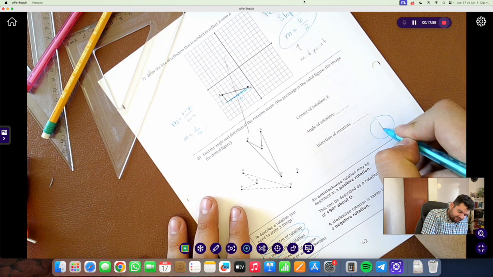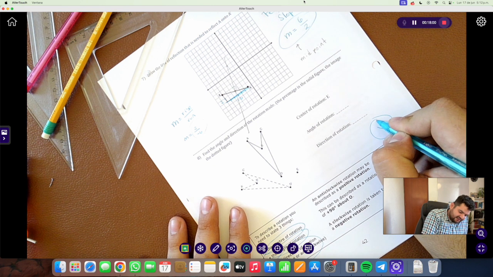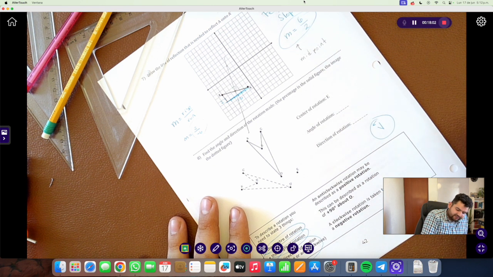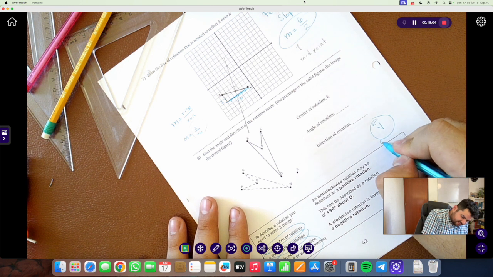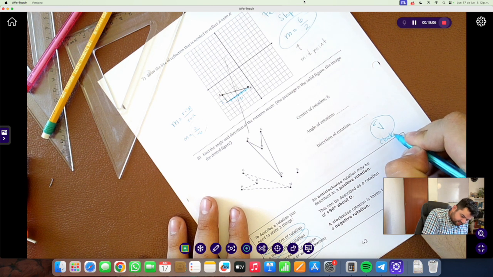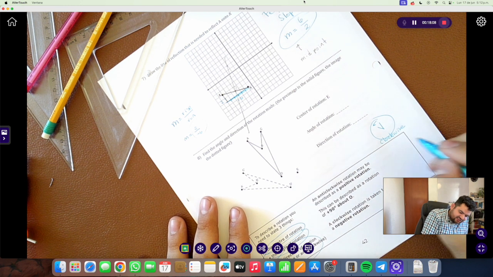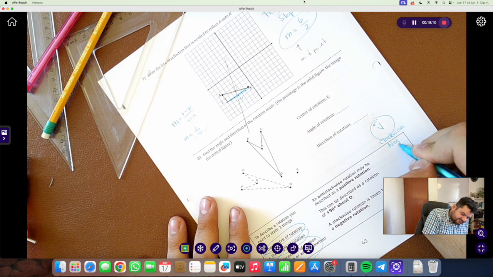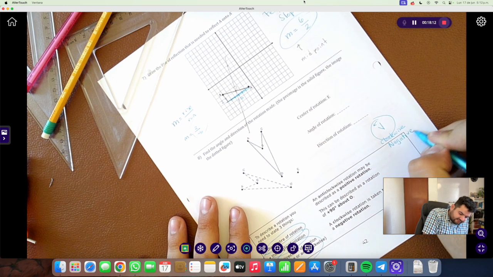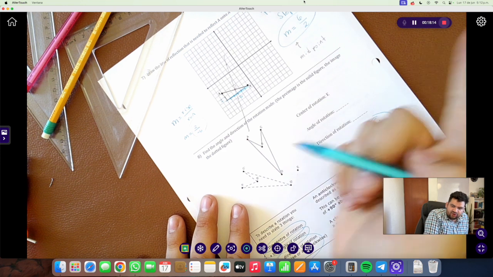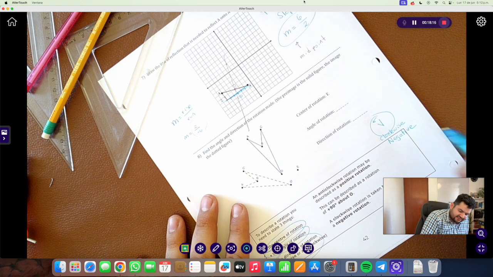So think of a clock. When a clock ticks, it goes into this direction. The clockwise is also what we call negative. So going like this, like a clock, is negative.